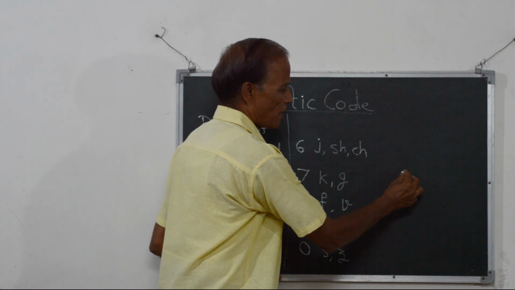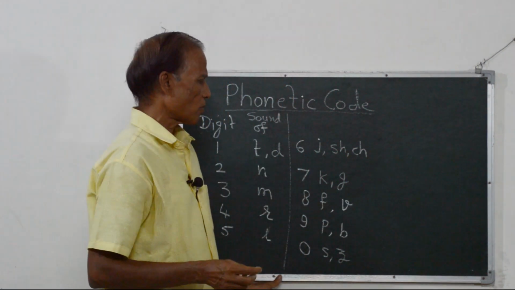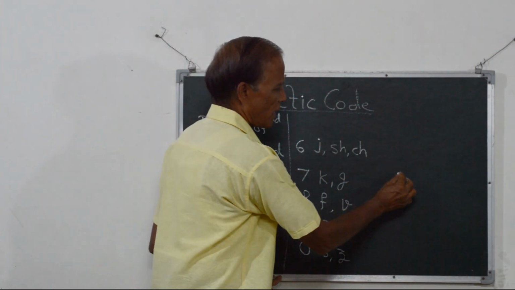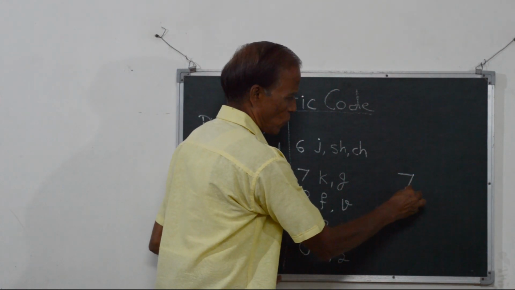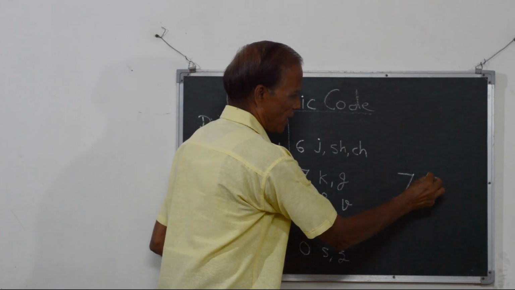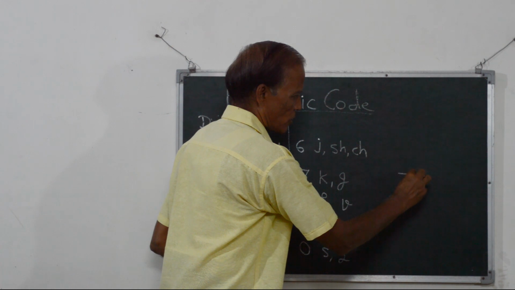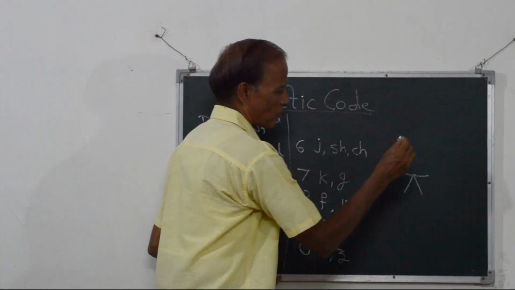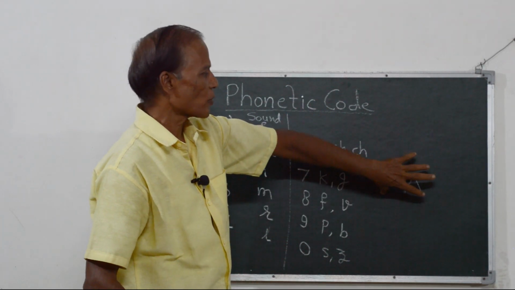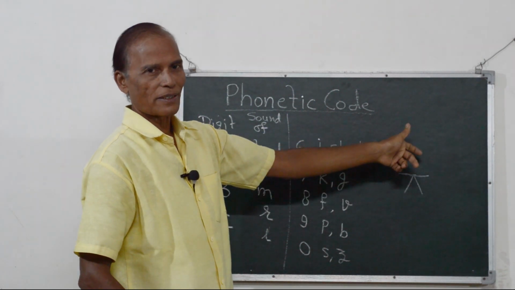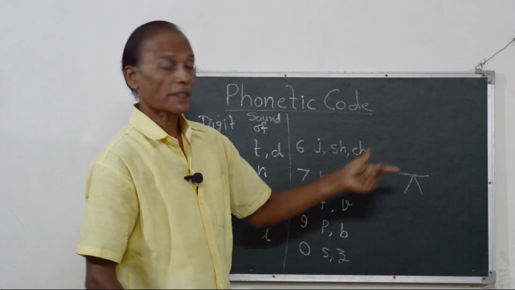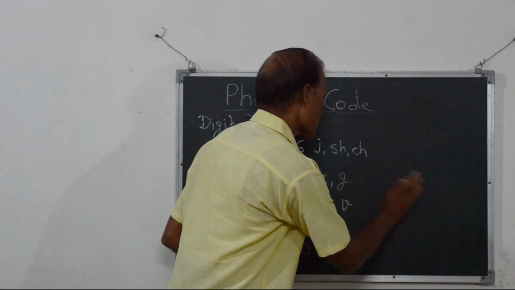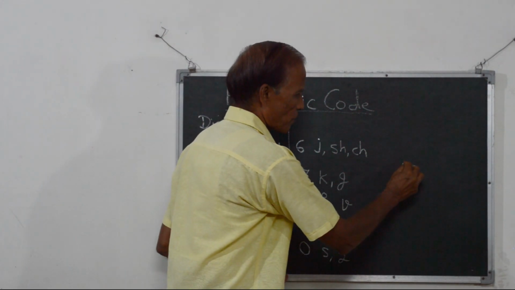Now actually this is a combination of two 7s. See, I will try to draw here. This is one 7 and I will draw another 7 in the reverse order. This is another 7. And if you now rotate this letter through 90 degrees, that will look like K. Or I will explain it another way also.